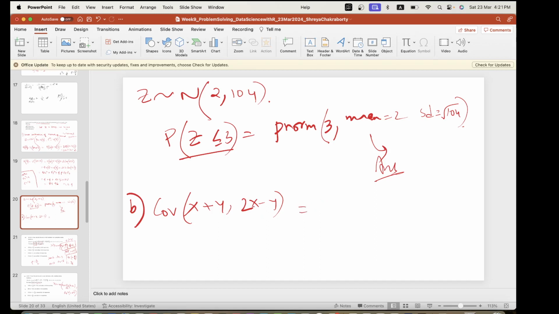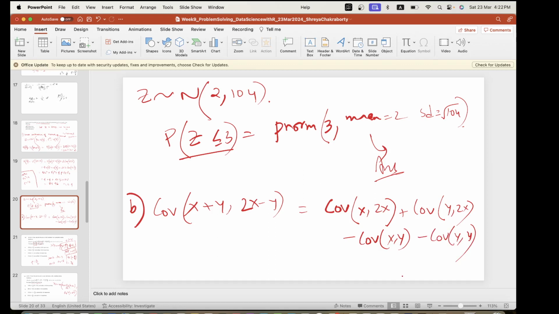This is covariance between x and 2x, plus covariance between y and 2x, minus covariance of x and y, minus covariance of y and y. The 2 comes out. Covariance of x and x is the variance of x.